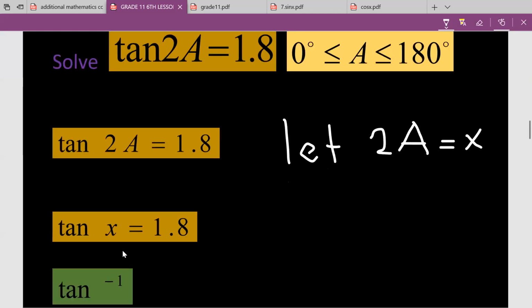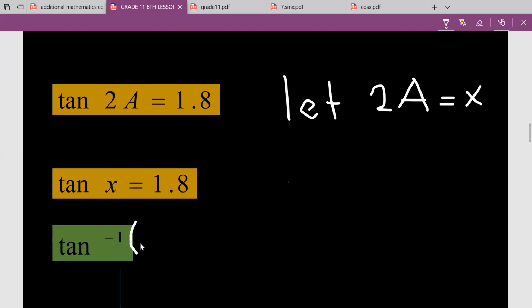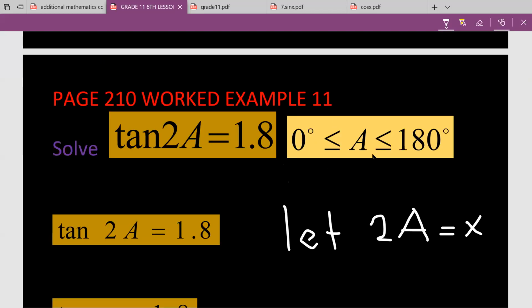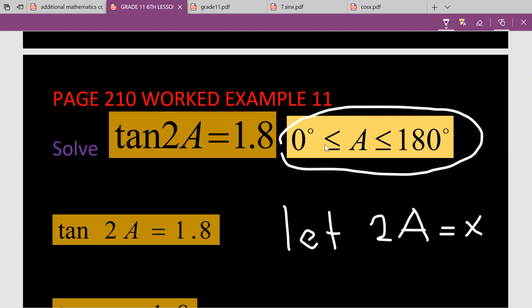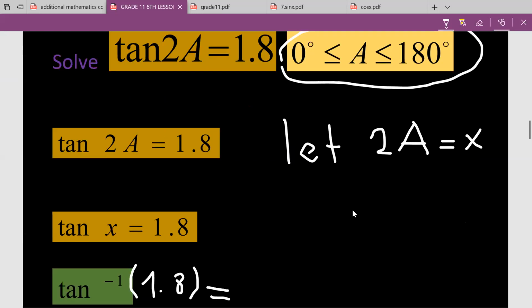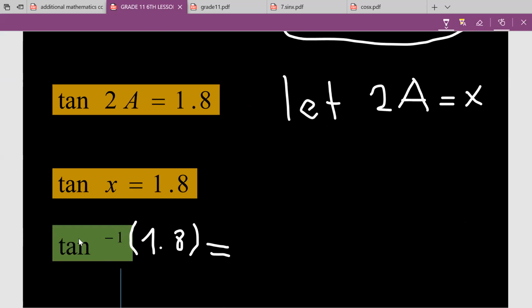So from here, it's the same thing we do: inverse tan of 1.8 when you use the calculator in degree mode. Why do we use degree mode? In the question, the range of a values is given, isn't it? The solution of a is between 0 degrees and 180 degrees. So I use degree mode.